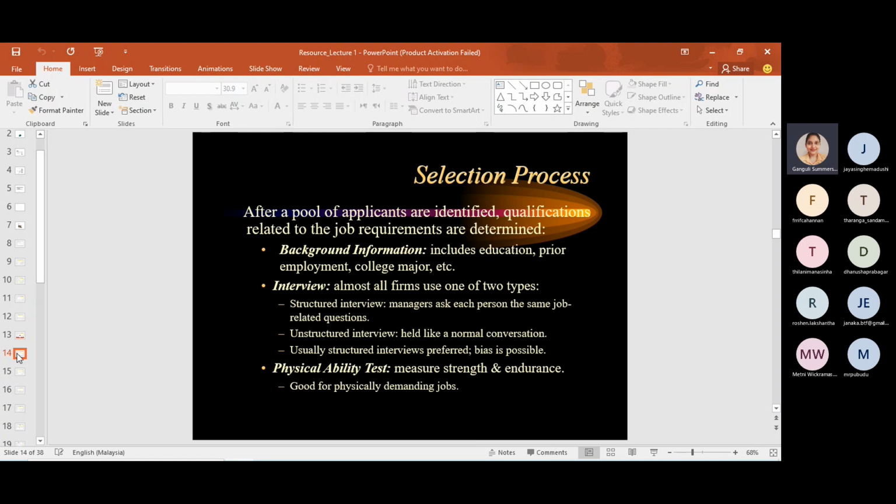For example, the managers prepare a question set of 10 questions, and they ask these same 10 questions from everyone who comes for the interview. If there are 10 people to interview, they will ask these same 10 questions from all 10 people.